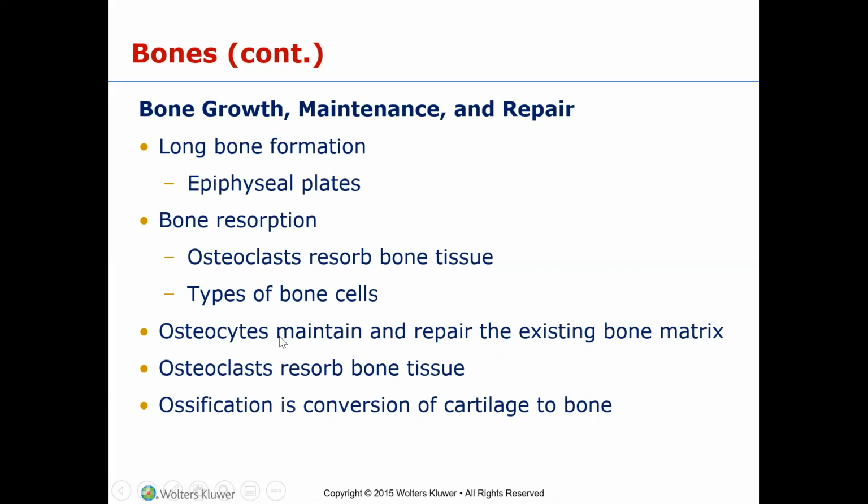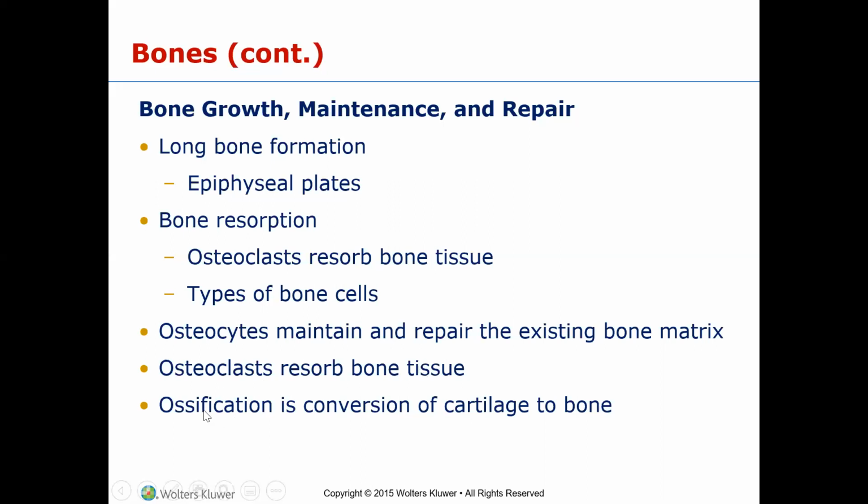The osteocytes, osteo means bone, cytes means cells, and they maintain the repair of any existing bone. And then the osteoclasts are the ones that break down and resorb that bone tissue. They're sort of like little Pac-Man.